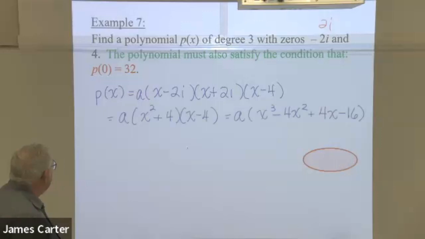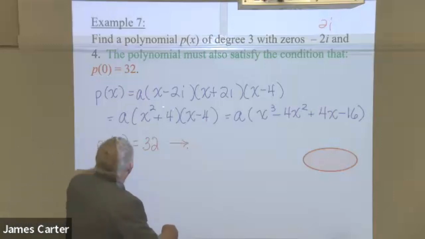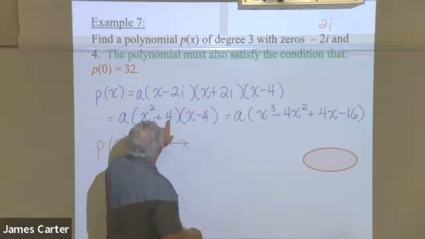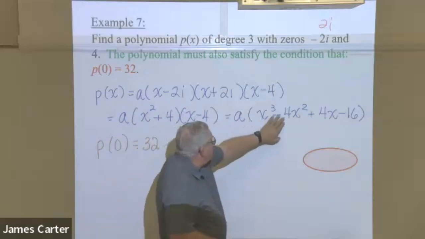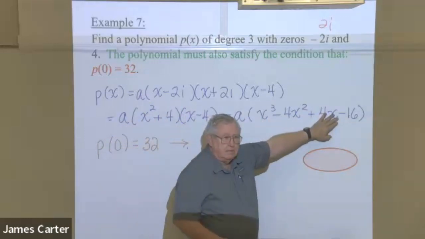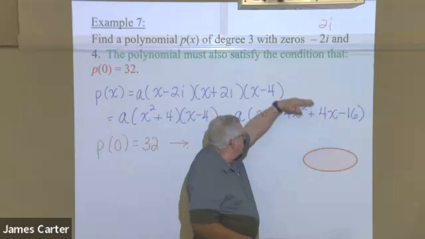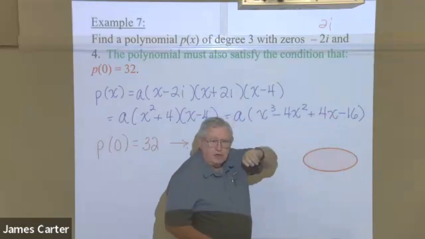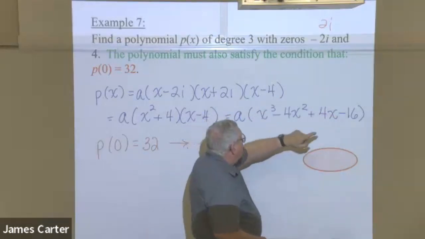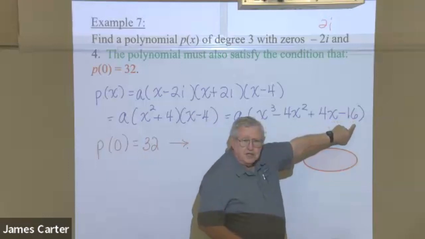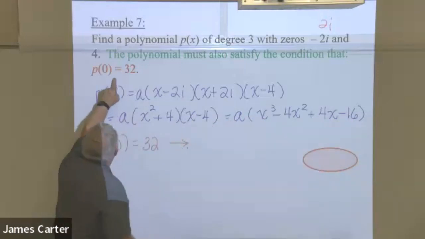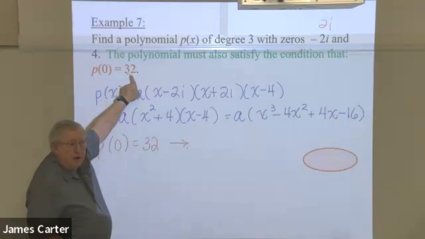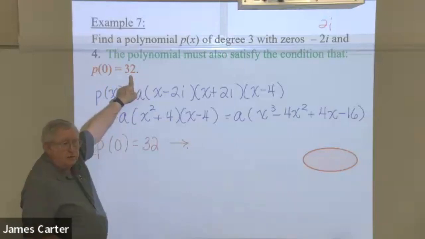We multiply them out. And after we multiply, we first did these 2 because they're an easy conjugate. Then we distributed this and we ended up with this thing. Usually I come down, this one went sideways. But here, the y-intercept is negative 16. But this says the y-intercept has to be positive 32.